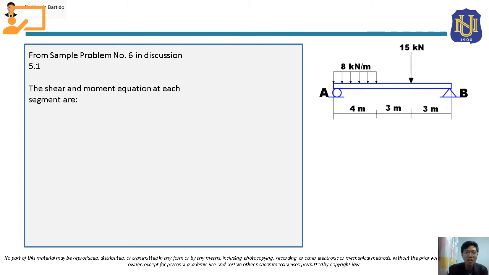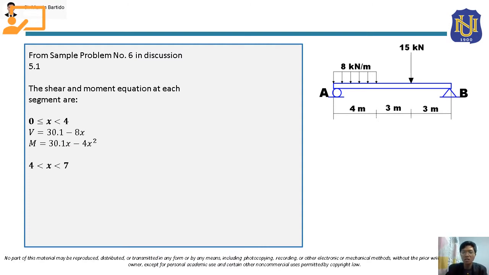Here are the shear and moment equations that we established for each segment. From 0 to 4, the shear is V equals 30.1 minus 8x, and the moment is M equals 30.1x minus 4x squared.